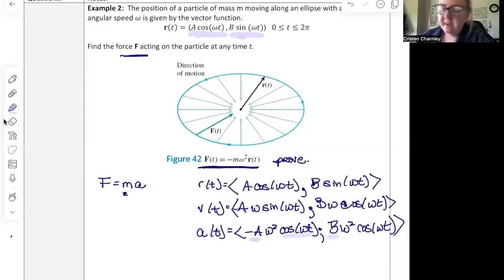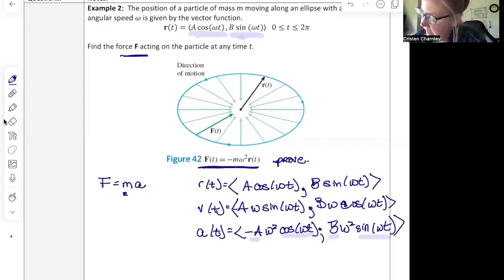Oops, I didn't take the derivative. Sine. All right, let's try again. So a cosine, b sine. So if I take those two pieces out to the end, that's actually the original position vector.